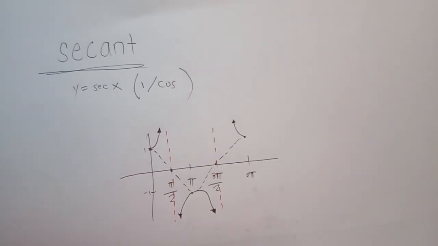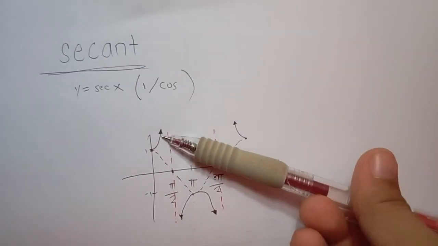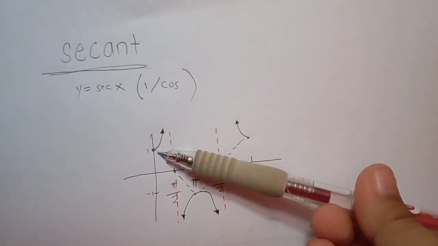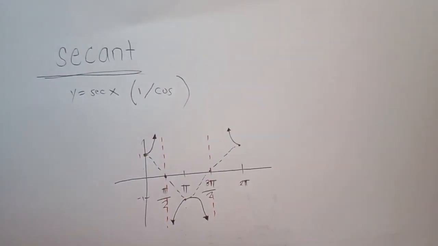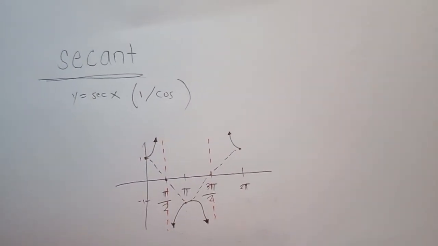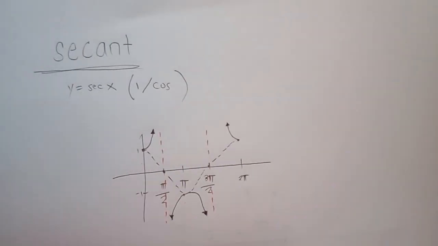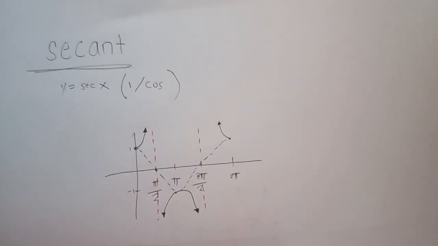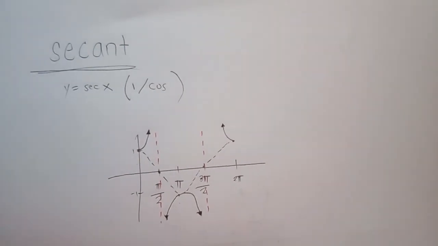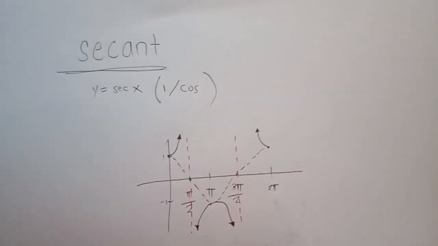This side is going to look like that. When you graph, it goes on top first, then at the bottom, then back to the top. So secant is very similar to cosecant. It's just been shifted. It's the same as cosecant but shifted.